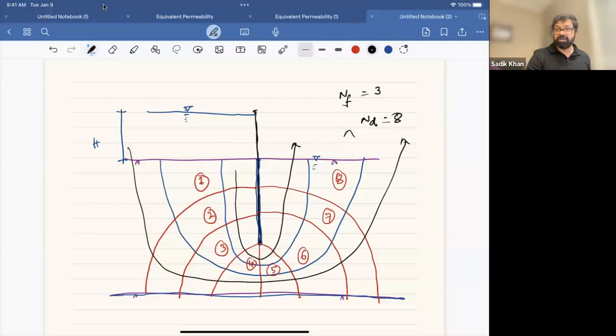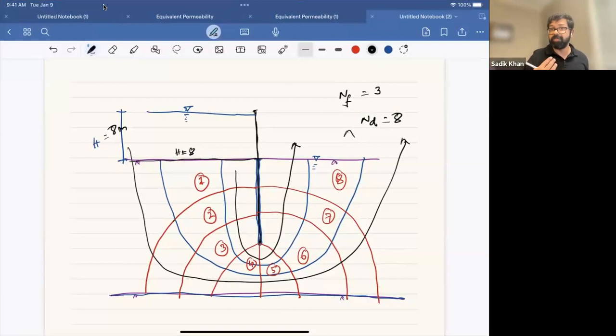All right. So now let's say we know our H equal to 8 meter. That's our height difference. So what is the water pressure or potential head H here? Equal to 8, right? So we have 8 drops.